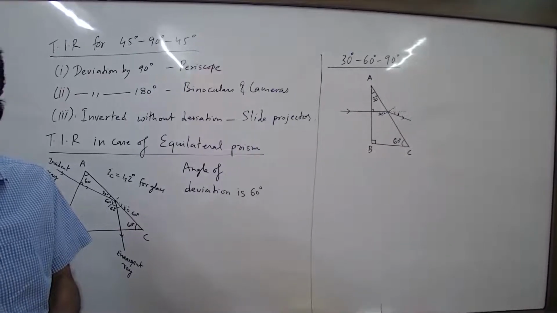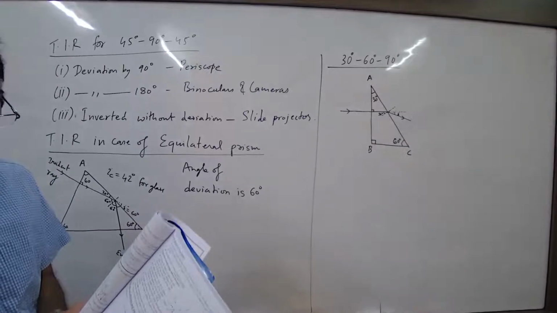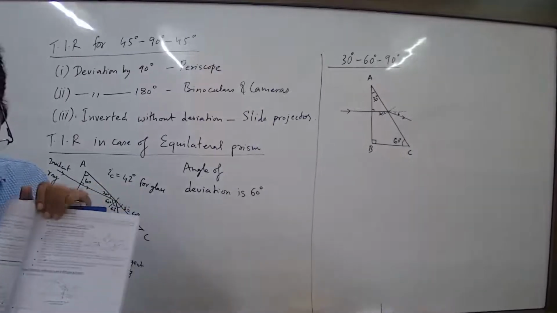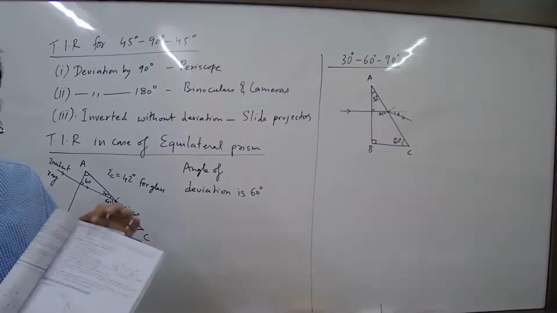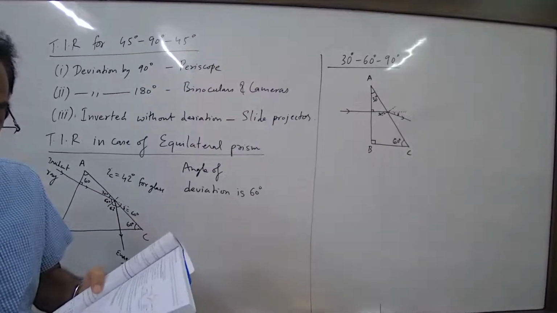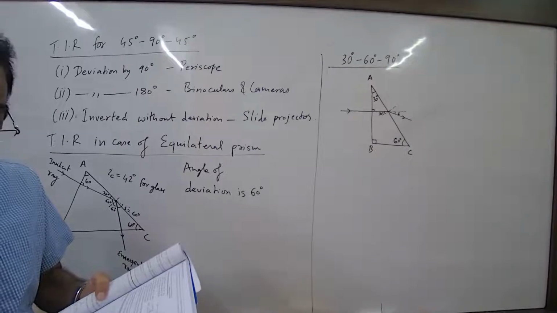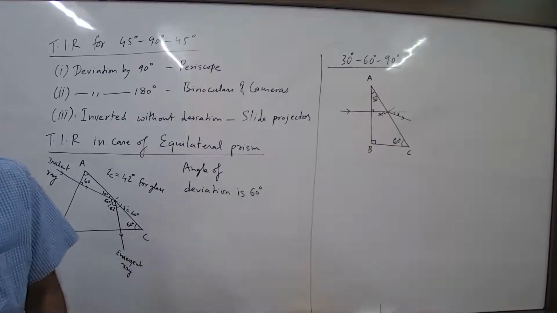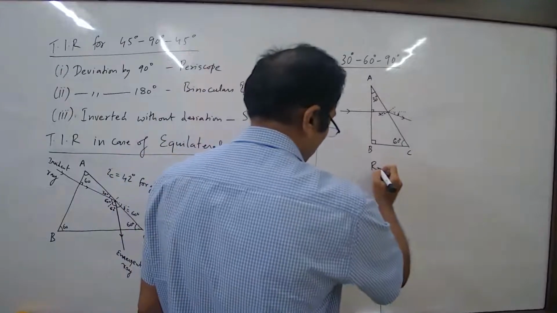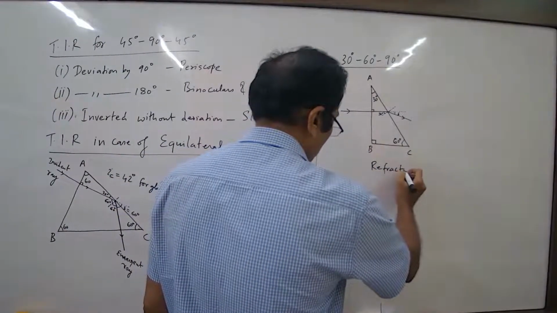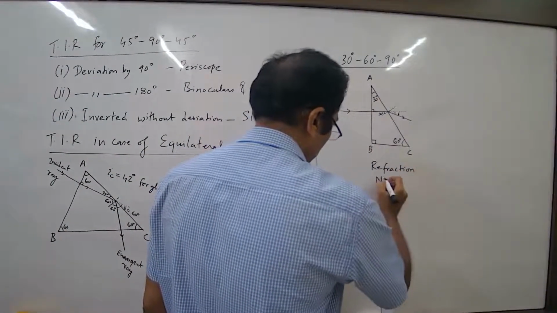So I have drawn the second case. This diagram is not correct. Okay, this should be normal. It is not tilted. So there is no TIR. This is a case of refraction. No TIR.